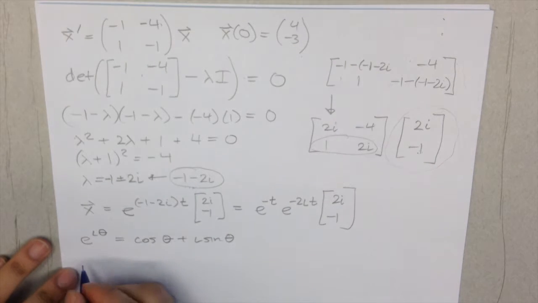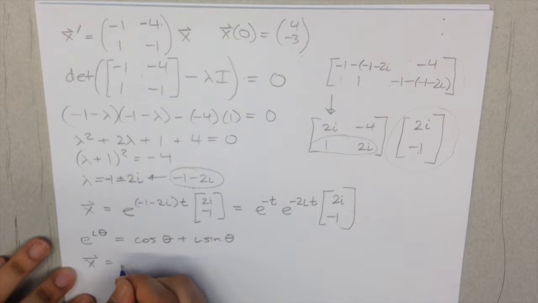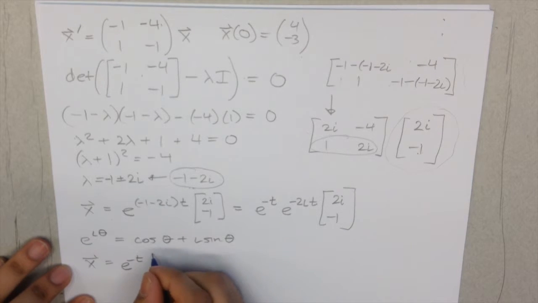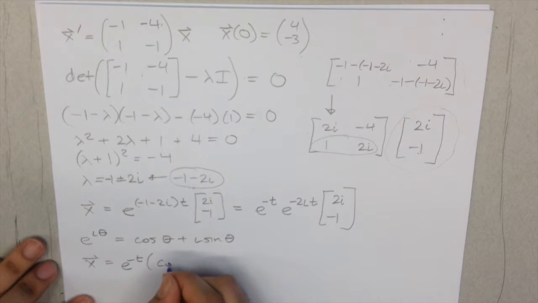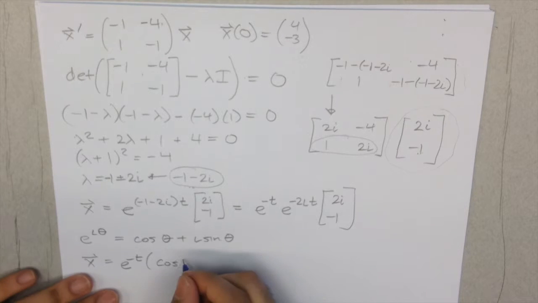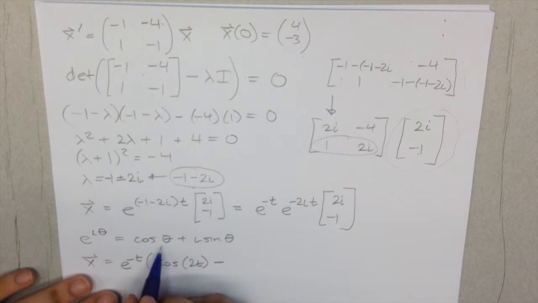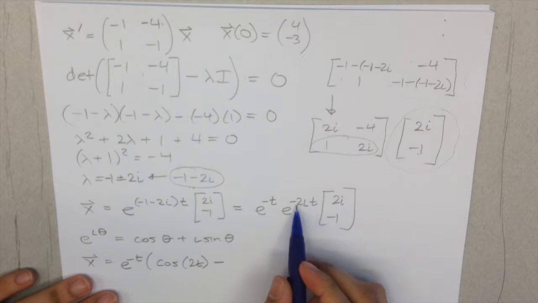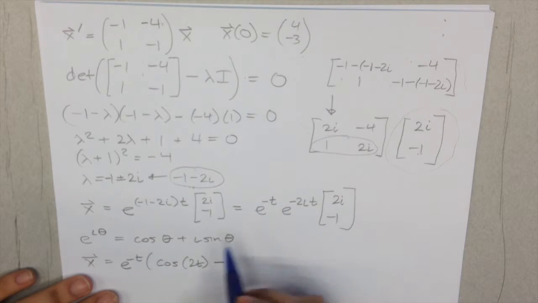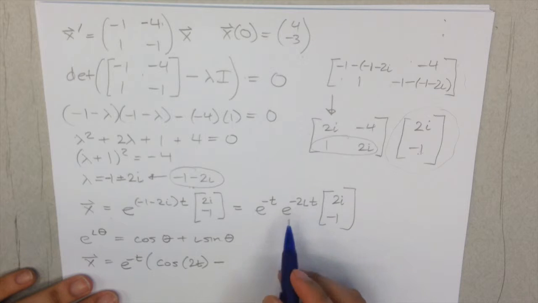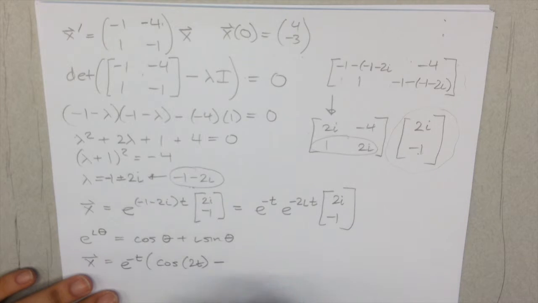So here what we have to do is say x is equal to e to the negative t times cosine of 2t. Theta here would be negative 2t, but cosine of negative 2t is equal to cosine of 2t, so I'm making that simplification right away.